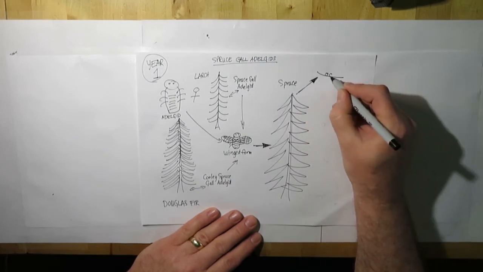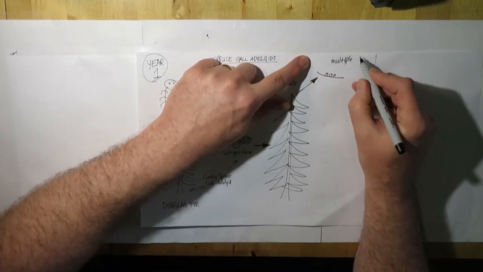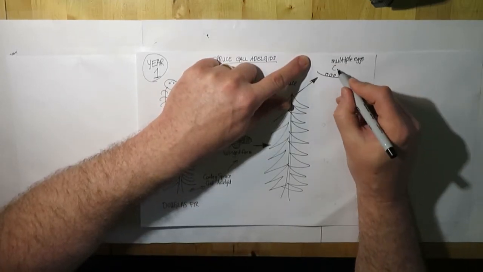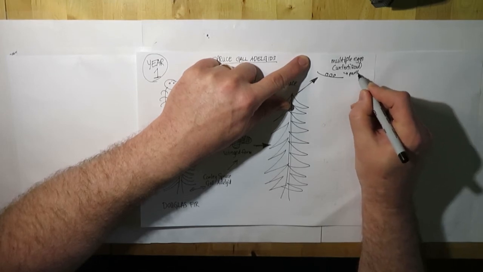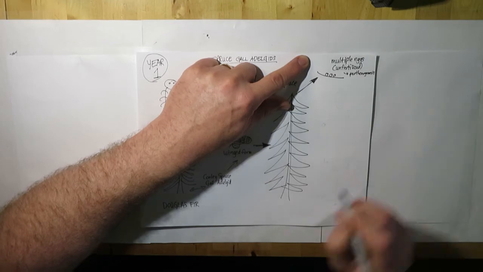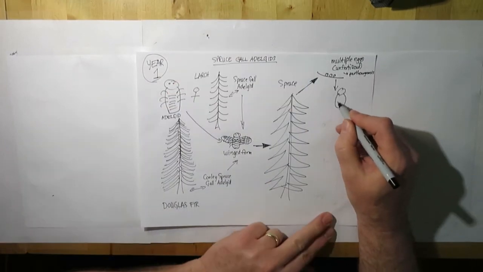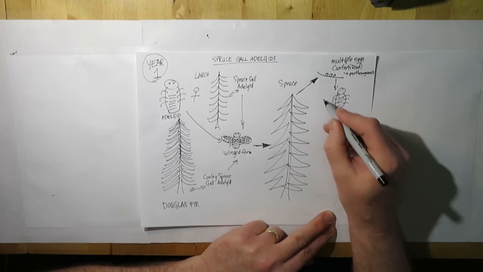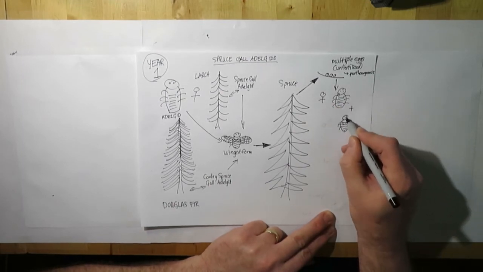Once that winged female arrives, it lays multiple eggs. These are unfertilized eggs that occur by parthenogenesis, which doesn't require mating to occur. But multiple eggs are laid on the spruce, which then hatch to produce both male and female adelgids, which then mate.